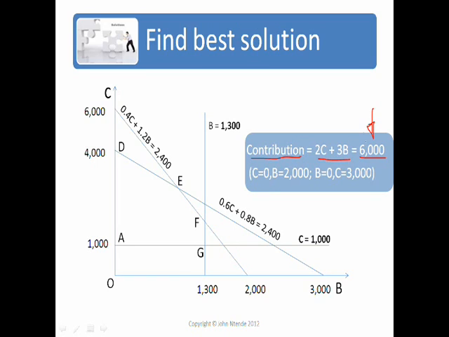So what we end up with is a straight line. The straight line is 2C plus 3B equals 6,000. Remember, if we want to draw this line, we need 2 points. When C is equal to 0, B is equal to 2,000. When B is equal to 0, C is equal to 3,000. So we plot these points and join them with a straight line.